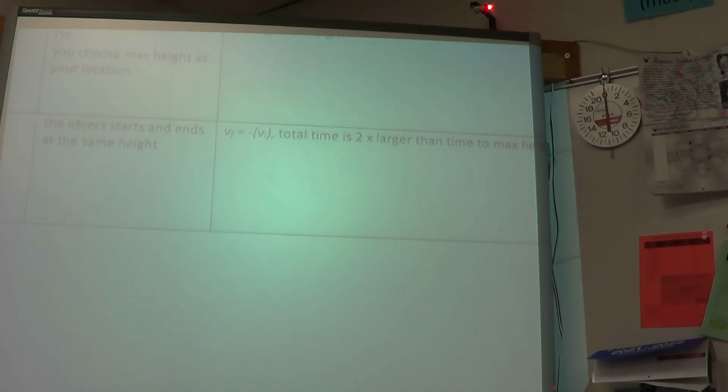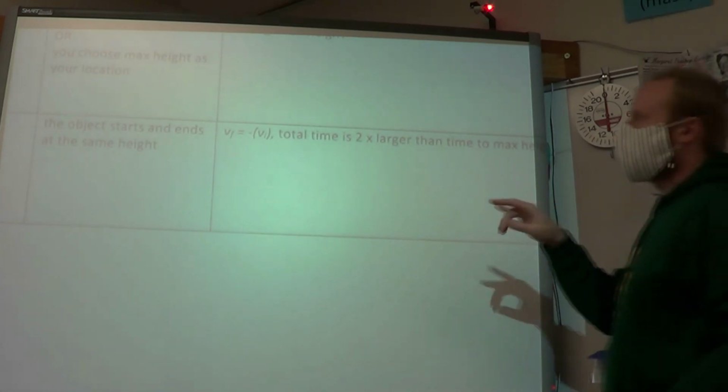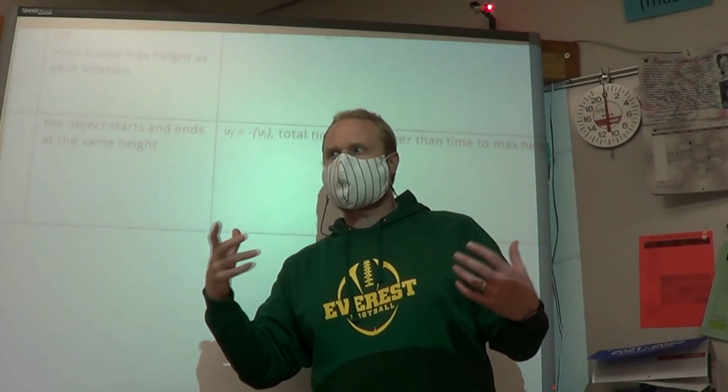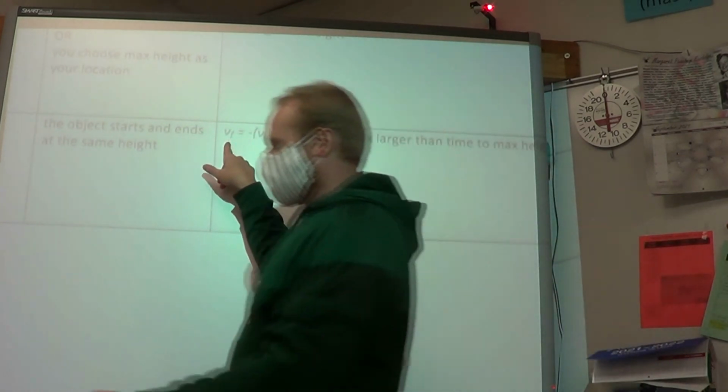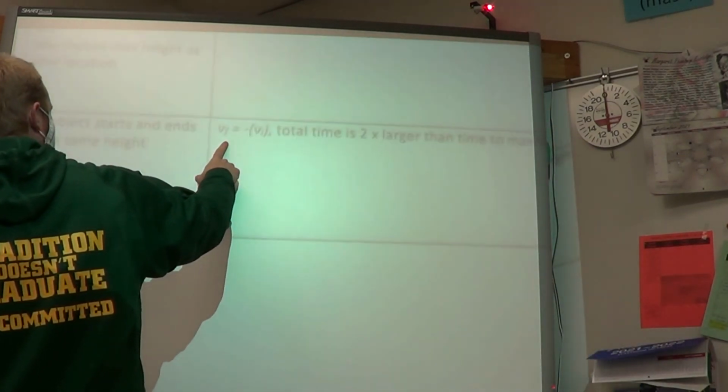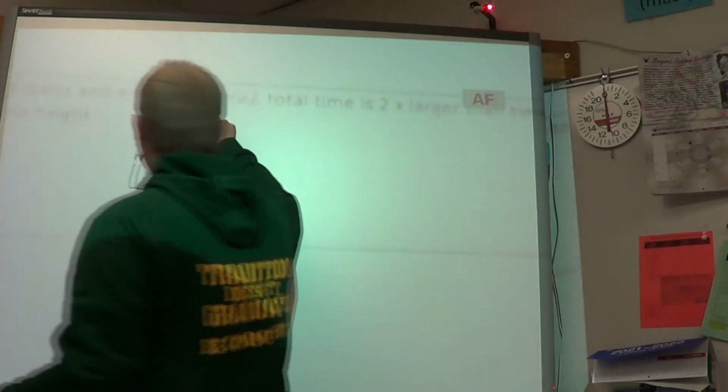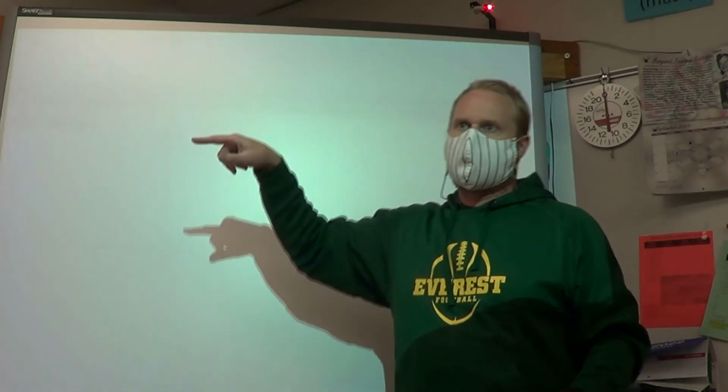So in the problem we set up, this was not a delta y is equal to 0 problem, but it could be. The original question was, what's the total time in the air? We could have set it up as a delta y is equal to 0 problem. But if it is, there are some things that we then know. We can say that my final velocity, and I know this is a little hard to read, is equal to negative vi. It's going to come back in focus.